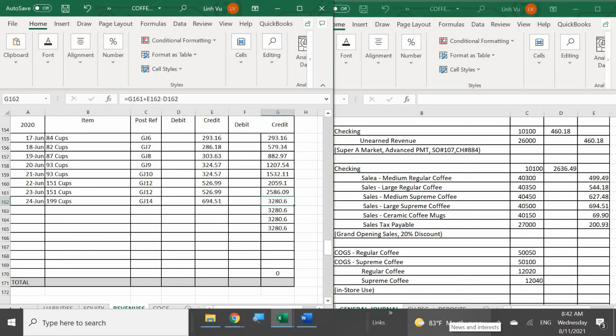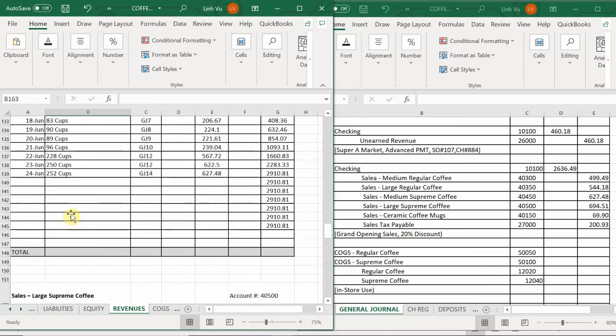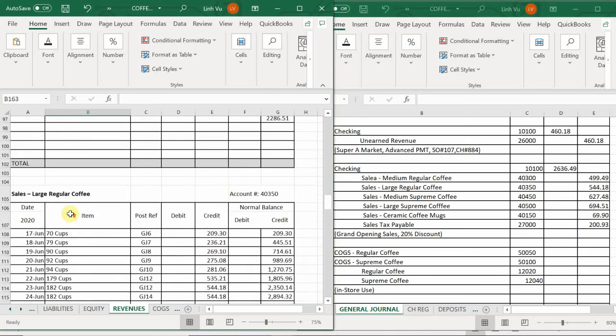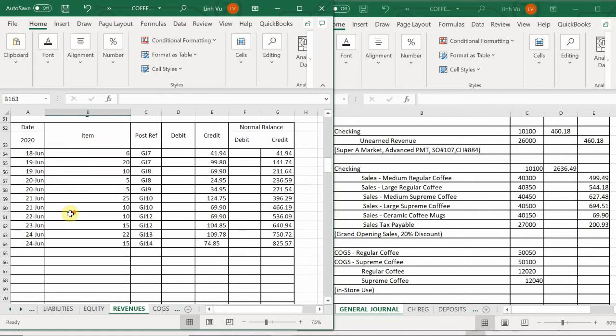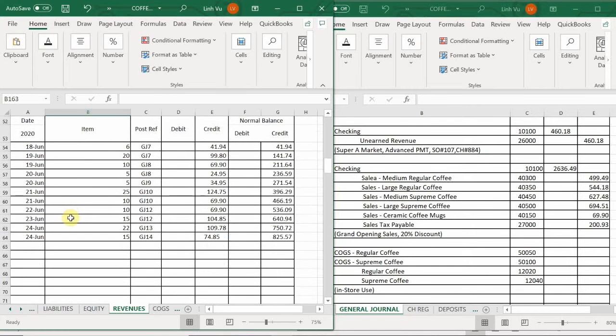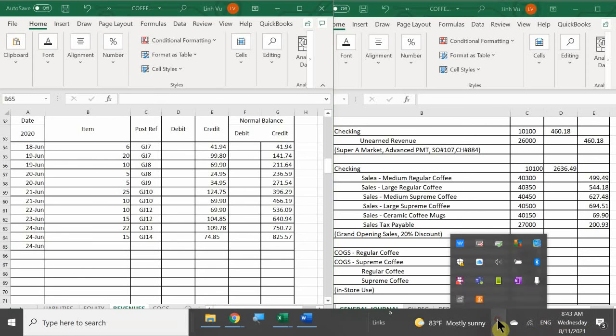And then the mugs, which I believe are on the top. We sold 10 mugs.